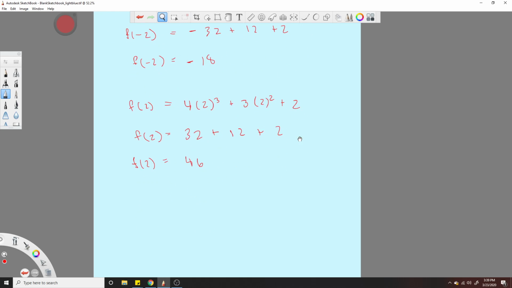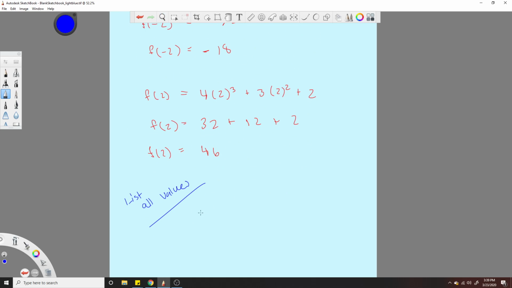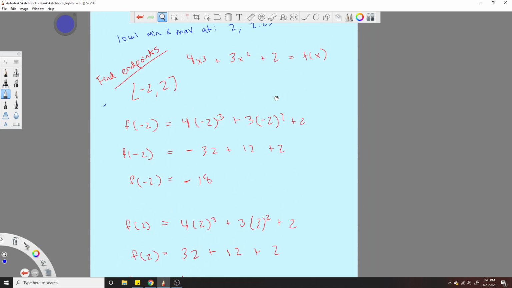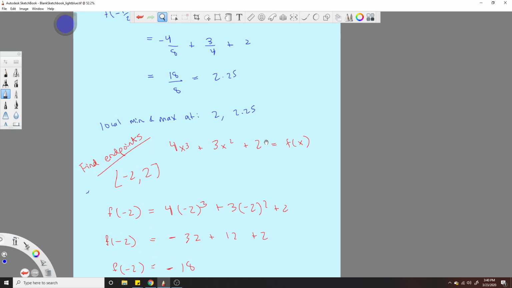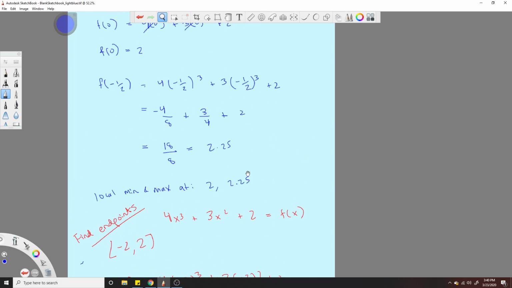Okay, so now list all values. We have a -18, we have a 46, we have a 2.25, and we have a 2.